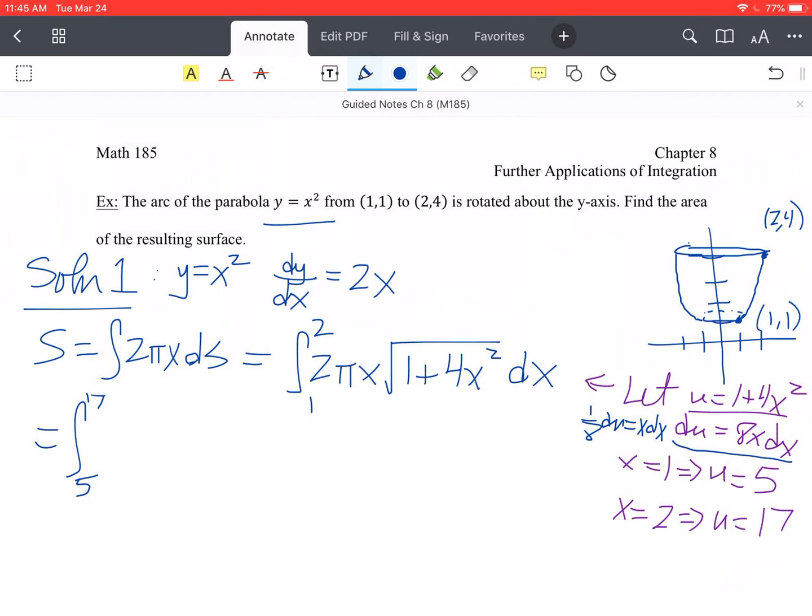So we're going to divide by the 8. So this is just going to give us pi over 4, and then times the square root of u du. Take the antiderivative, so we get pi over 4 times 2/3 u to the 3/2, evaluated from 5 to 17.